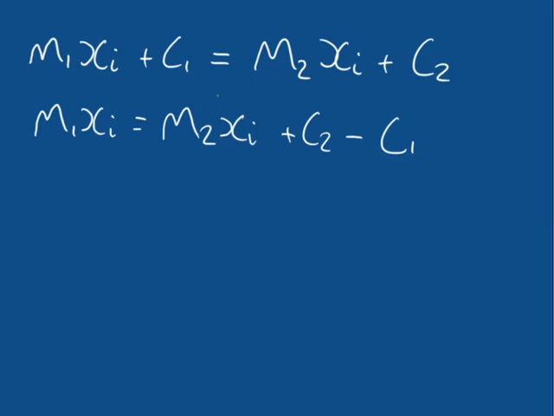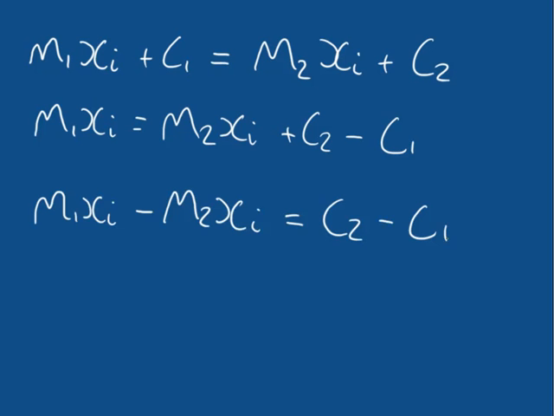So I'm going to bring this entire term over. I'm going to subtract m2 xi so that it moves over to this side. So I have m1 xi minus m2 xi is equal to c2 minus c1.